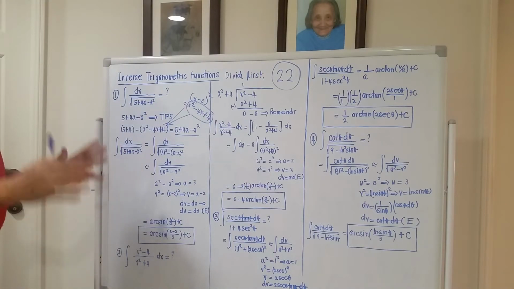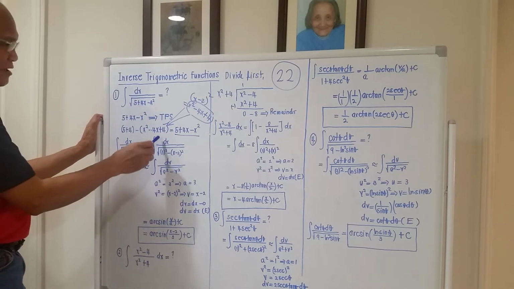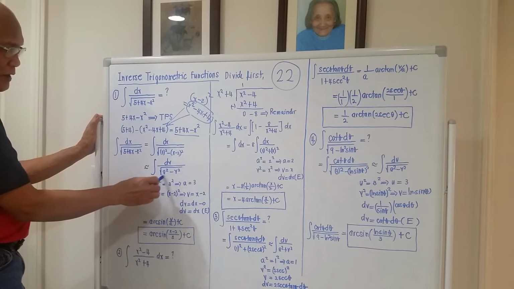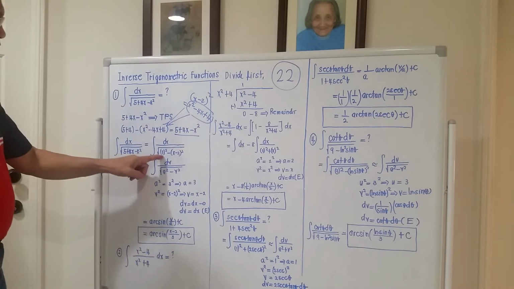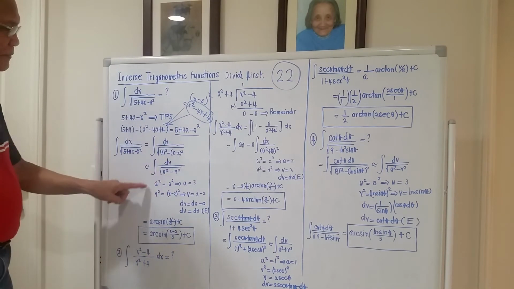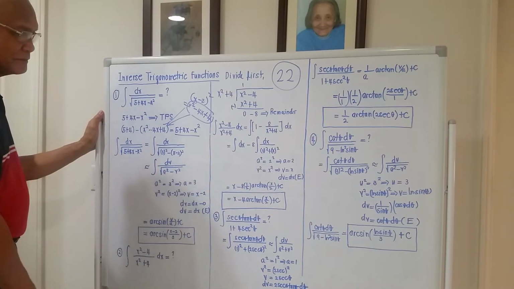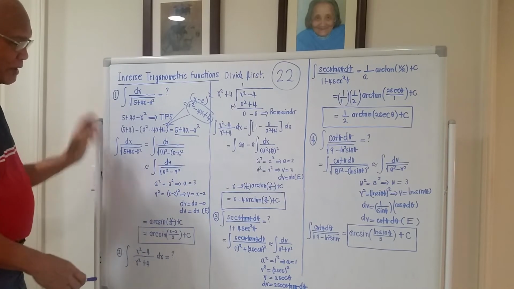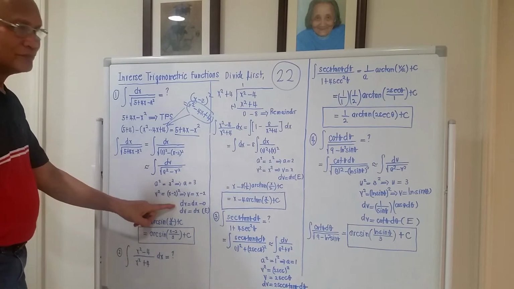I am thinking of the arcsine solution. This form is similar to the integral of dv over the square root of a squared minus b squared. And if we observe, a squared is 3 squared. Taking the square root of both sides, a will be 3. b squared is x minus 2 quantity squared. Taking the square root of both sides, b will be equal to x minus 2.